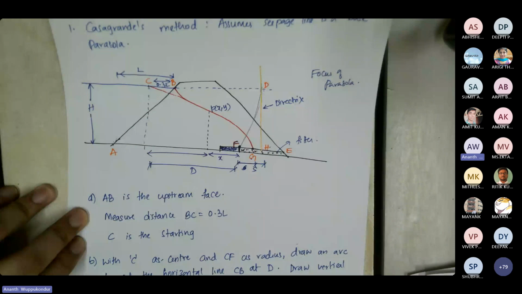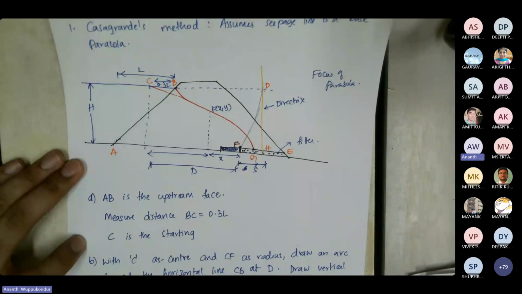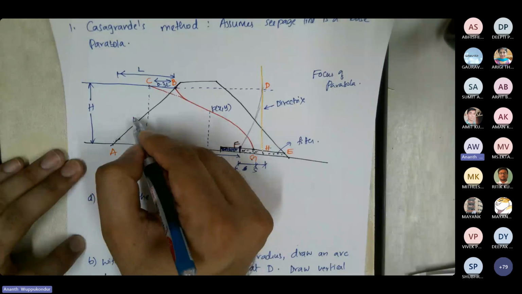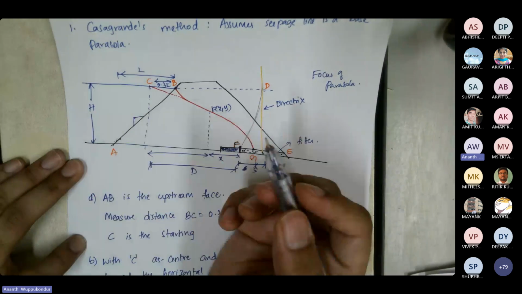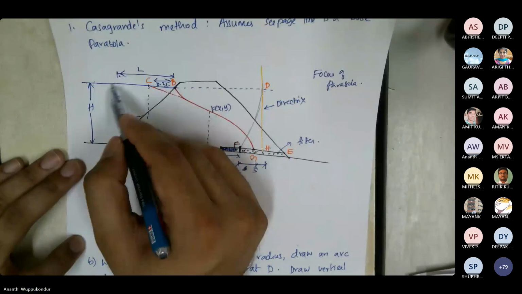First, we know AB is the upstream face, and based on the design of the earthen dam, we would also know the length of the face AB. When you design the dam, you design it to a certain slope, and based on the slope and the height, you can calculate the length AB.